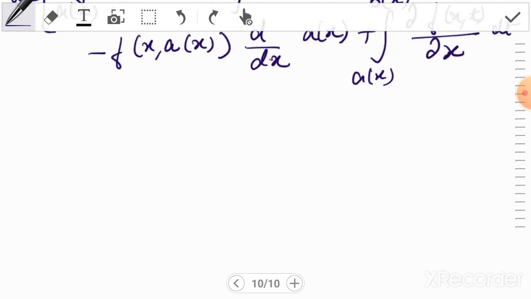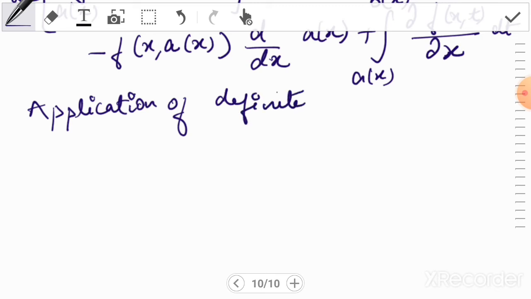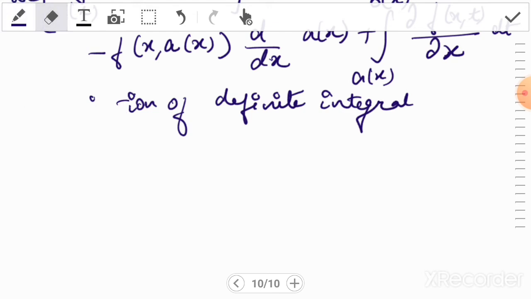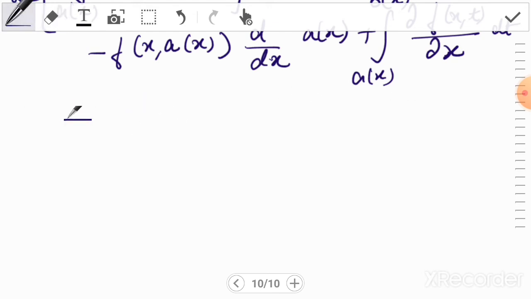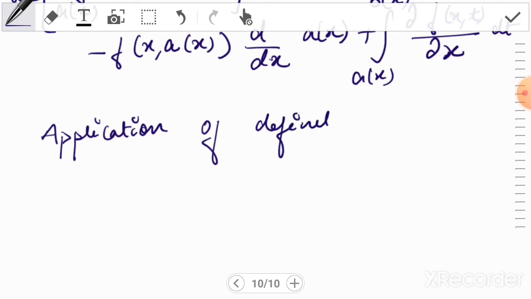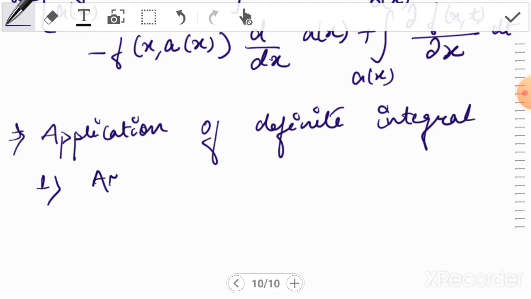Okay, next is applications of definite integral. So first is area of curve.